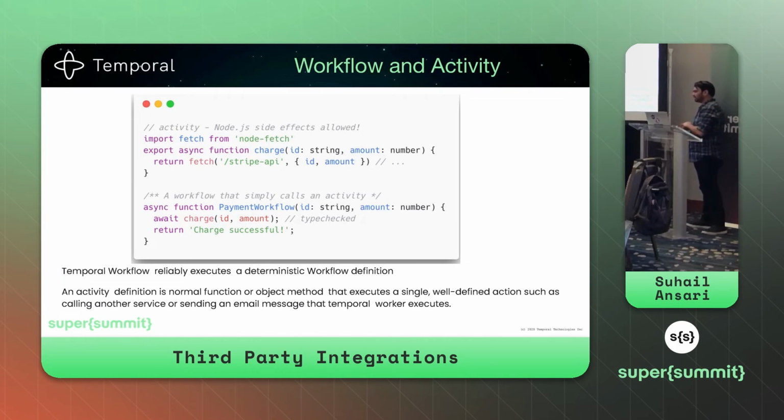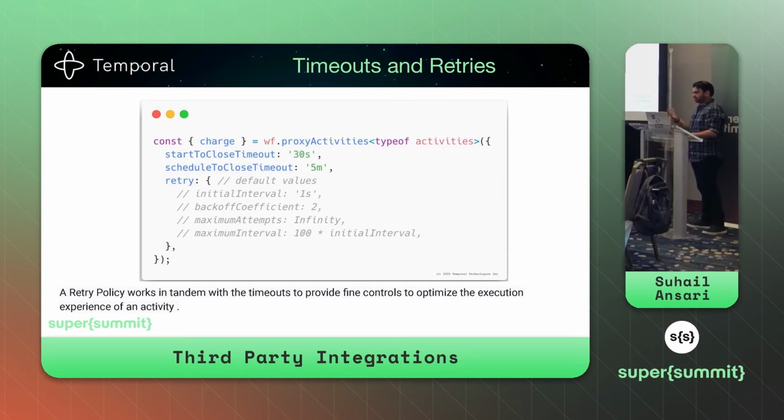And what Temporal does, because you don't write workflows to fail, is ensure that your workflow executes deterministically and only once. And like I said, it's reentrant, reactive, recoverable, and resumable. Then we have the retry policy.